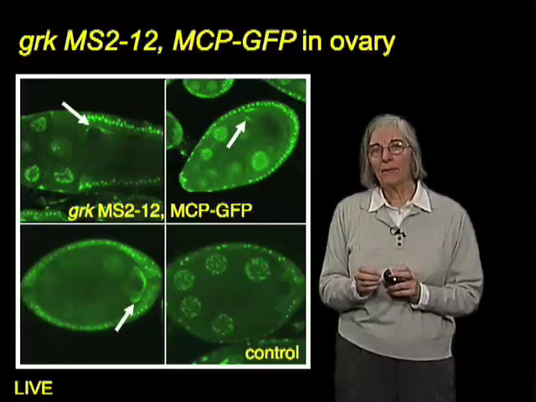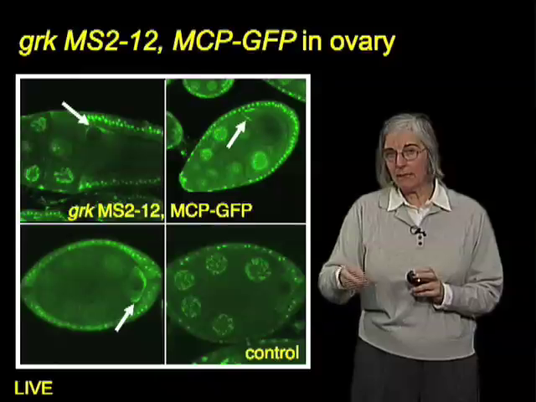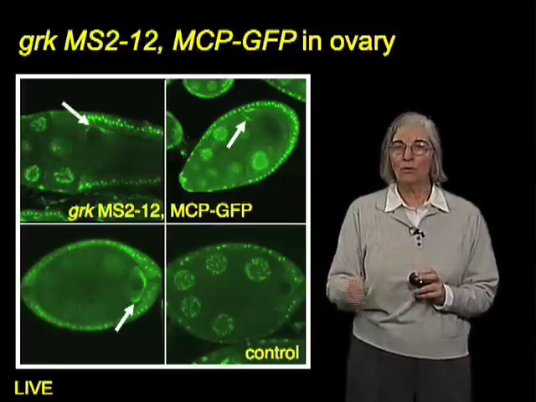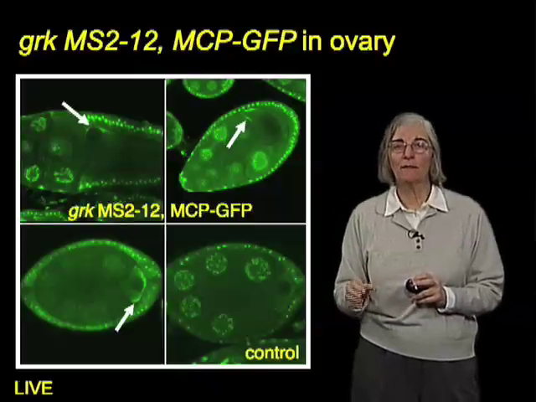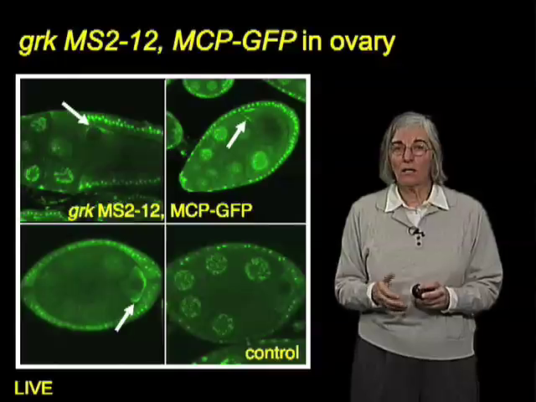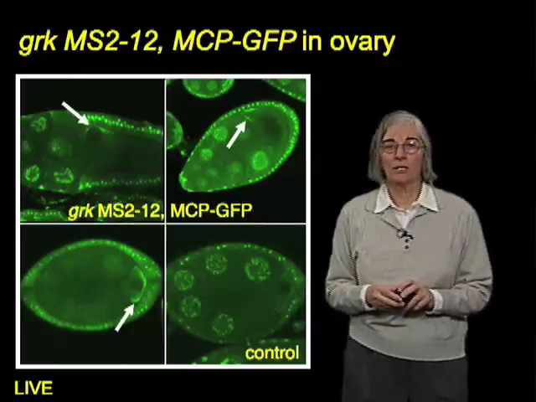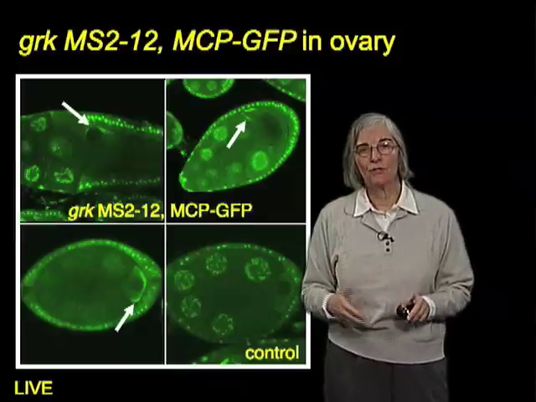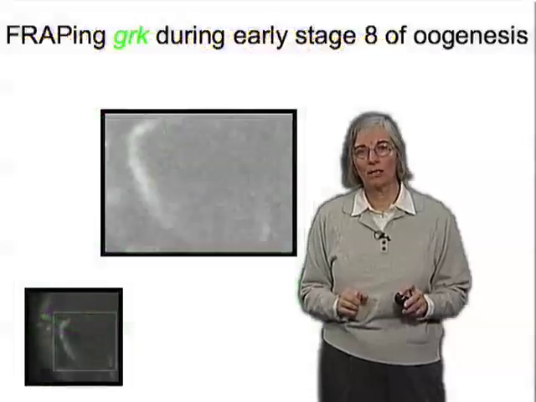On the other hand, if the RNA molecules are not stably anchored in this position, but are constantly exchanged with new molecules coming from the cytoplasm, then this initial dark spot will over time recover fluorescence. And so that's what Angela did, and then she measured what would happen after she used the laser to bleach the molecules in particular spots.